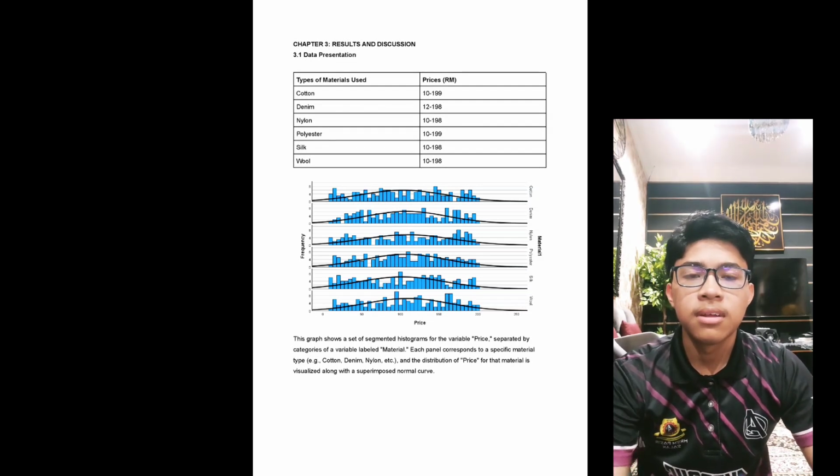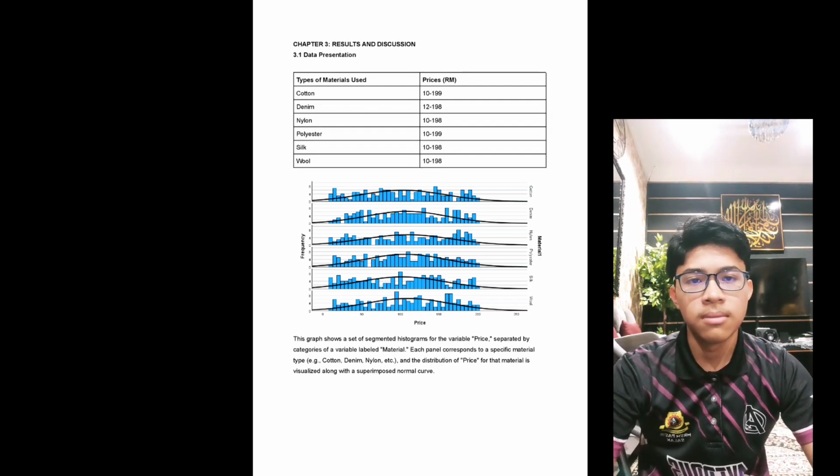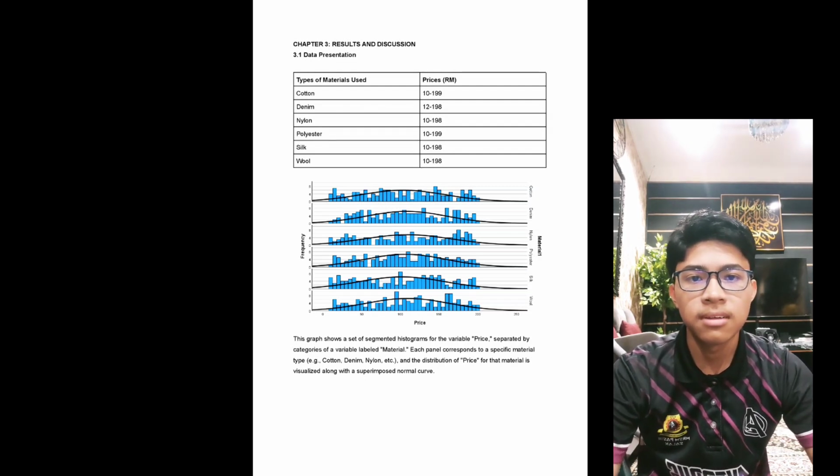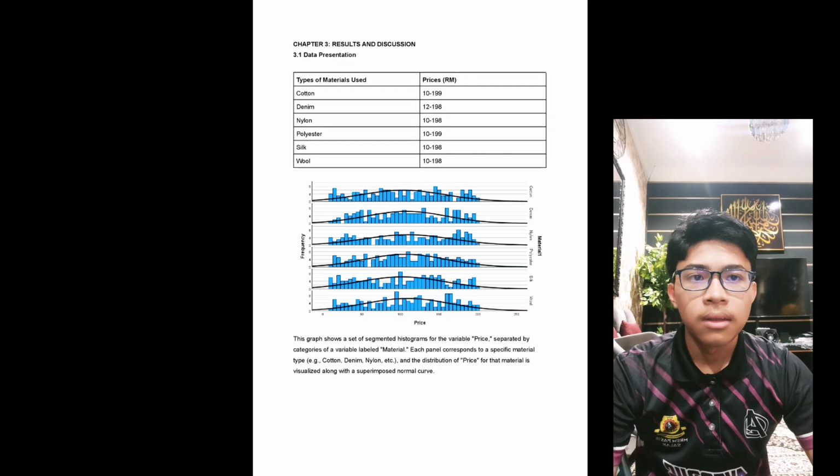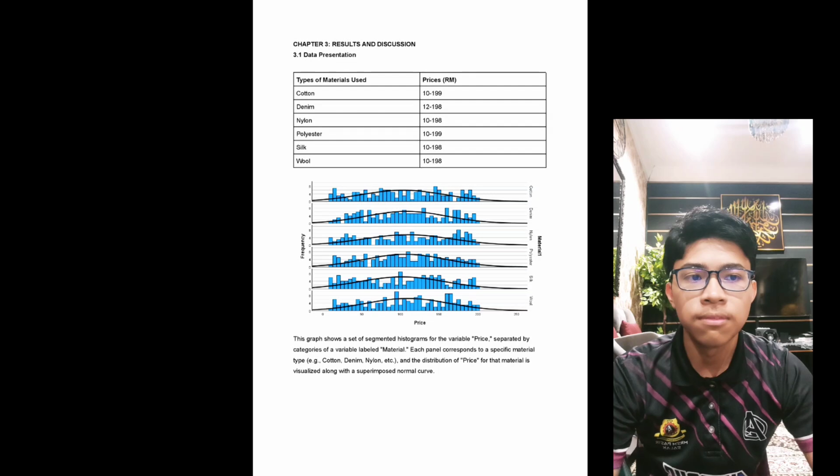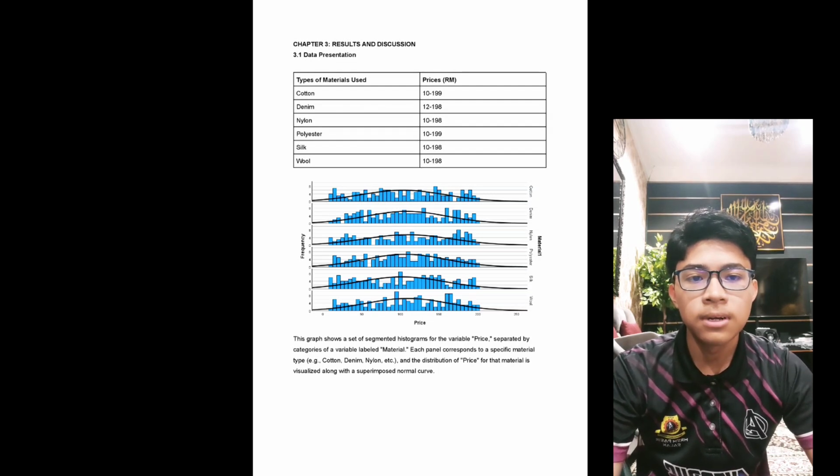3.1 Data presentation. There are 6 types of material used, which are cotton, denim, nylon, polyester, silk and wool. As you can see in the graph, this graph shows a set of segmented histograms for the variable price separated by categories of a variable labeled material.